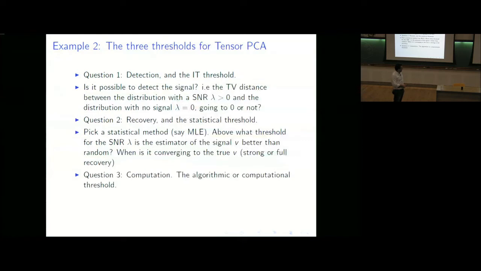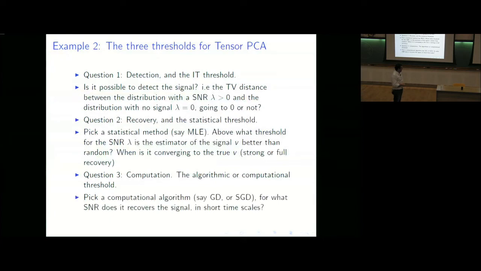And then the third question, as we've seen, is computational: the algorithmic and computational threshold. Which algorithm will you choose and how will it work? So pick a computational algorithm, say gradient descent or SGD or Langevin. For what signal to noise ratio does it recover the signal? Of course, we want to recover in short time scales.